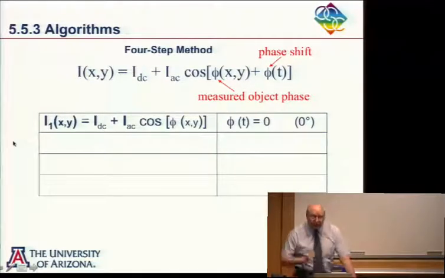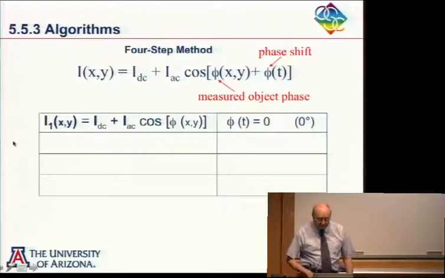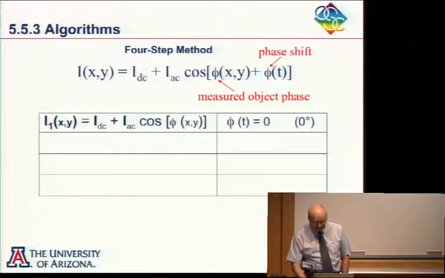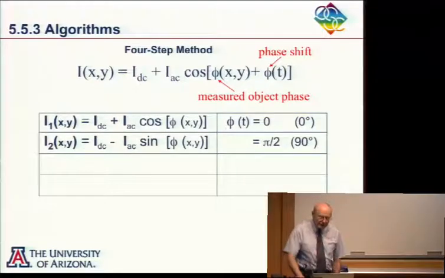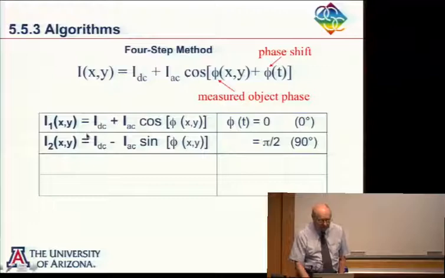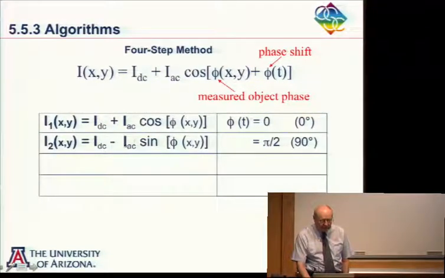So we're measuring this irradiance at 1,000,000 data points. We'll read out the array and store that in computer memory. Now we'll change the phase by 90 degrees. I put 90 degrees in here, and the plus cosine becomes a minus sine from our trig identity.